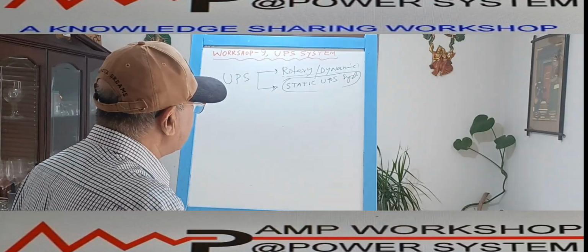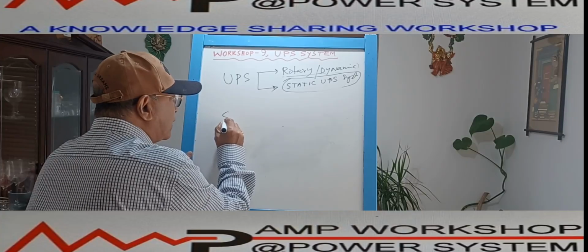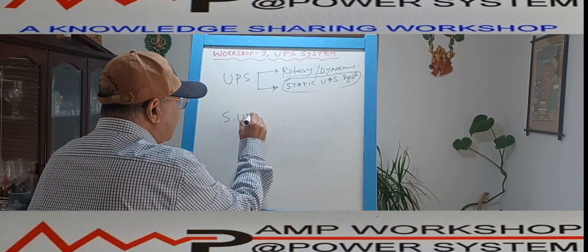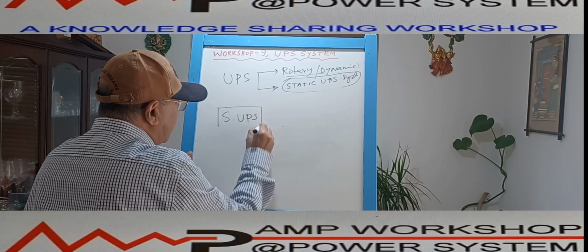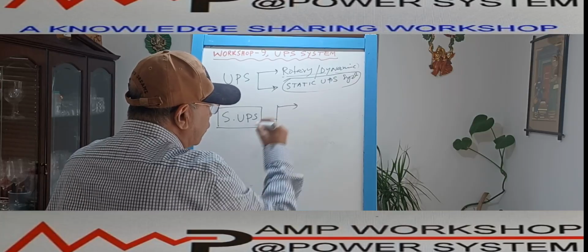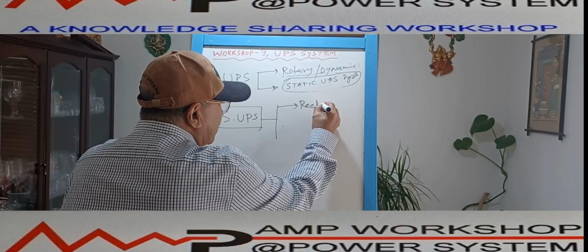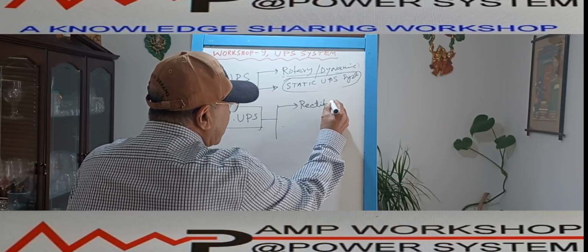So if we look into the static UPS system, it has mainly four modules. One module we call the rectifier or converter.